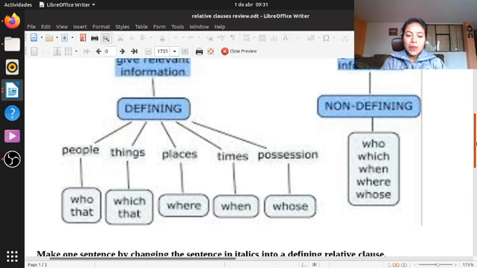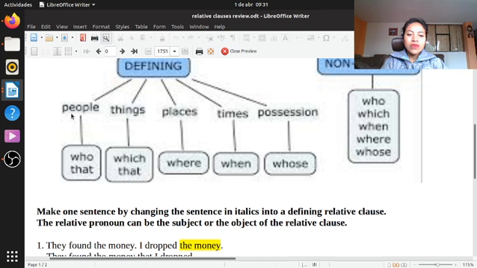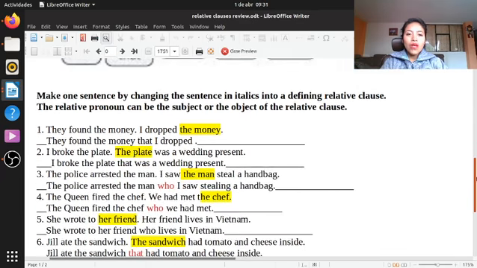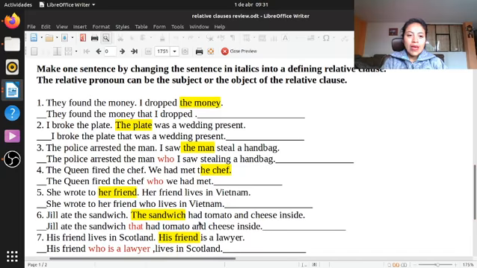Okay, now, as you can know, we use who for people, we can use that too, right? And we use which or that for things, where for places, time for when, and for possession we use whose, right? Okay, now we are going to make this exercise.